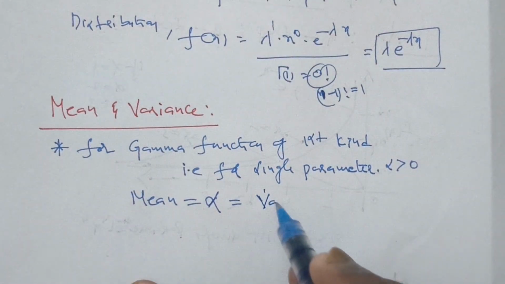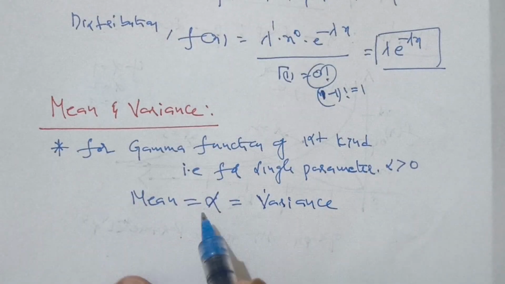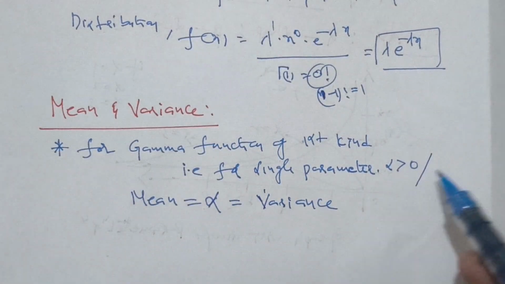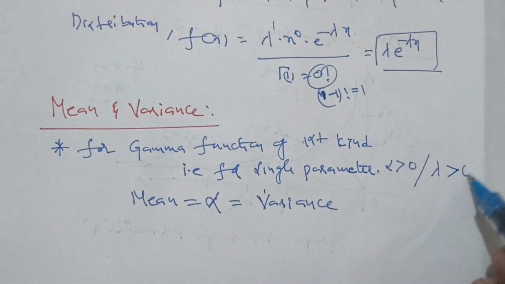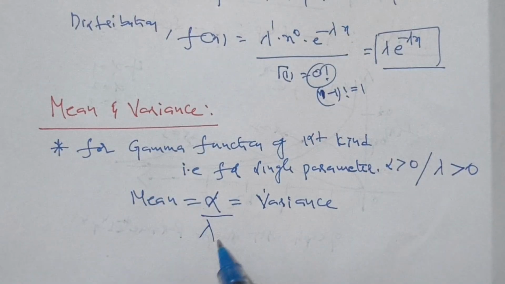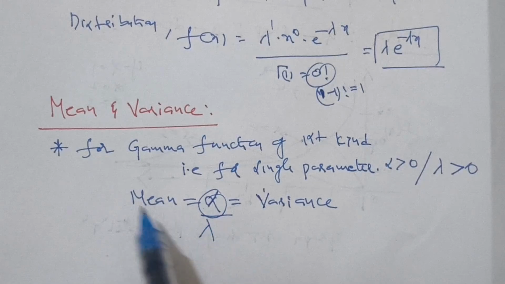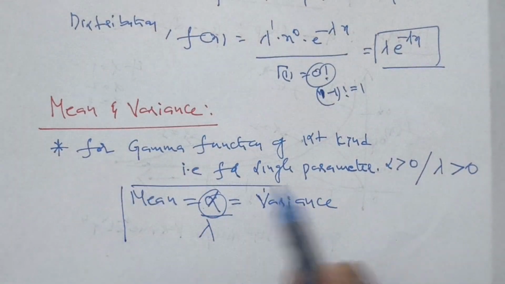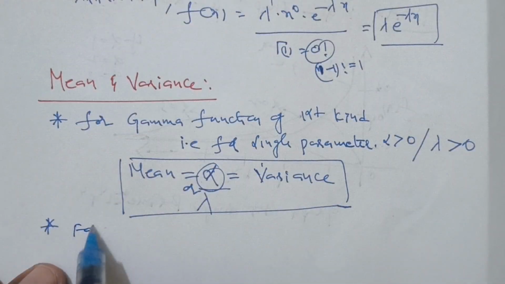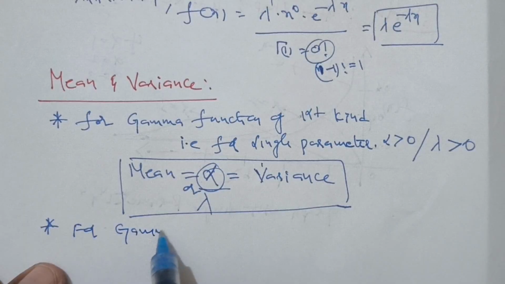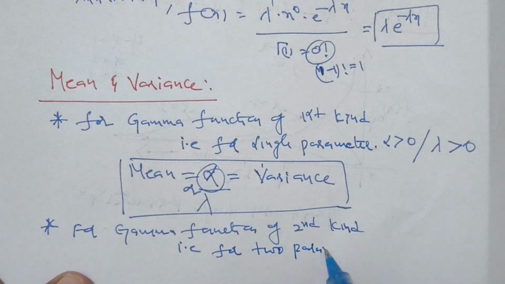In this case, the mean value and variance value are equal to the parameter. That parameter here is alpha. If the parameter is lambda, then the mean and variance values are equal to lambda here. So if we change the parameter here, the mean and variance values change correspondingly.